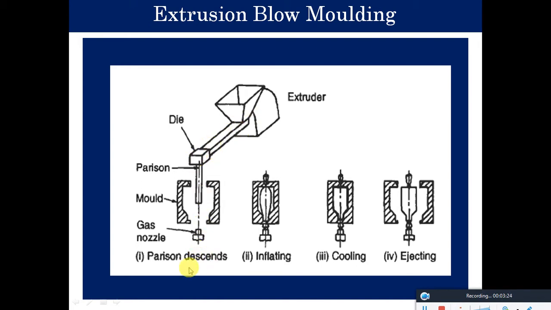Here we have four steps: Parison descends, inflating, cooling, and ejecting. These are the four major steps we follow in extrusion blow molding. First we have a mold, which incorporates the actual shape of the product we need. The Parison enters this mold and the mold is closed.